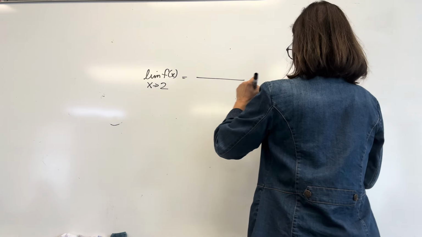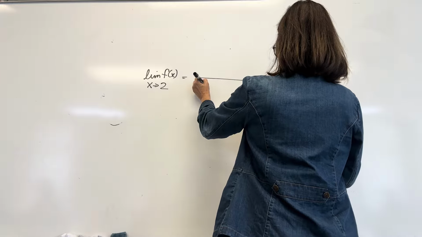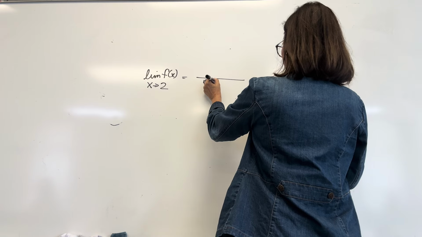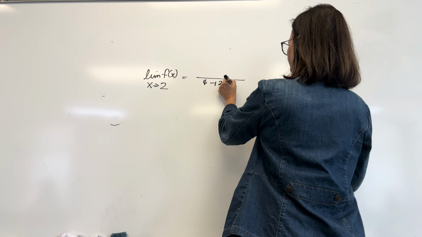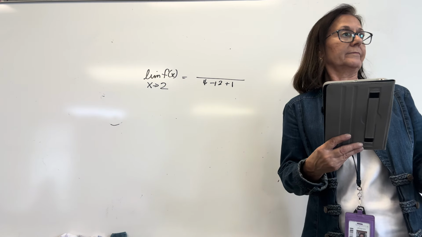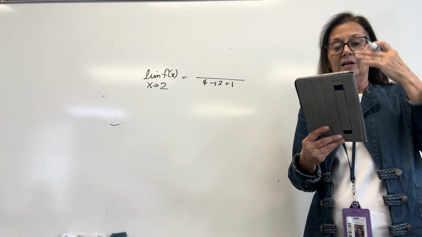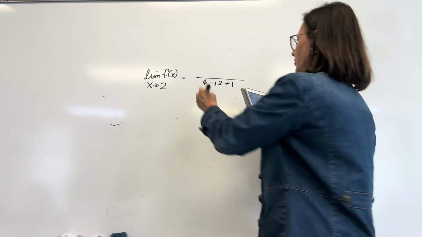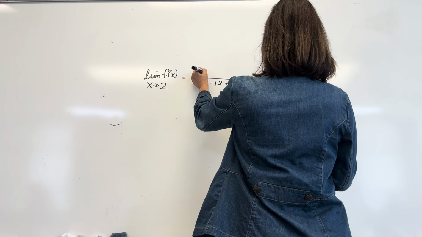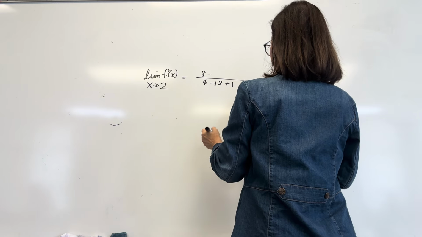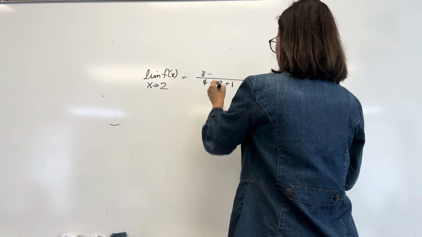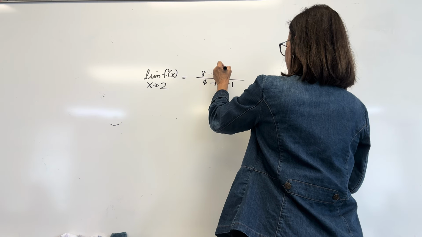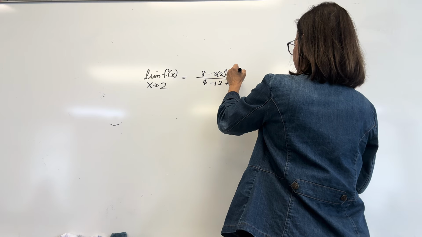That's 2 squared, that's 4, minus 12 plus 1. Okay, we don't get 0. So then I'm just going to substitute it in the numerator. 2 cubed is 8. 8 minus 3 times 3 times 2 squared plus 10.